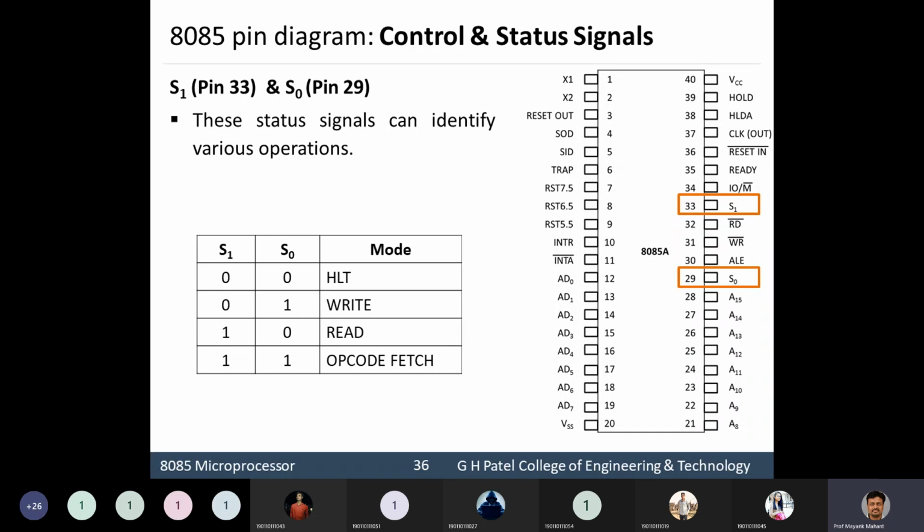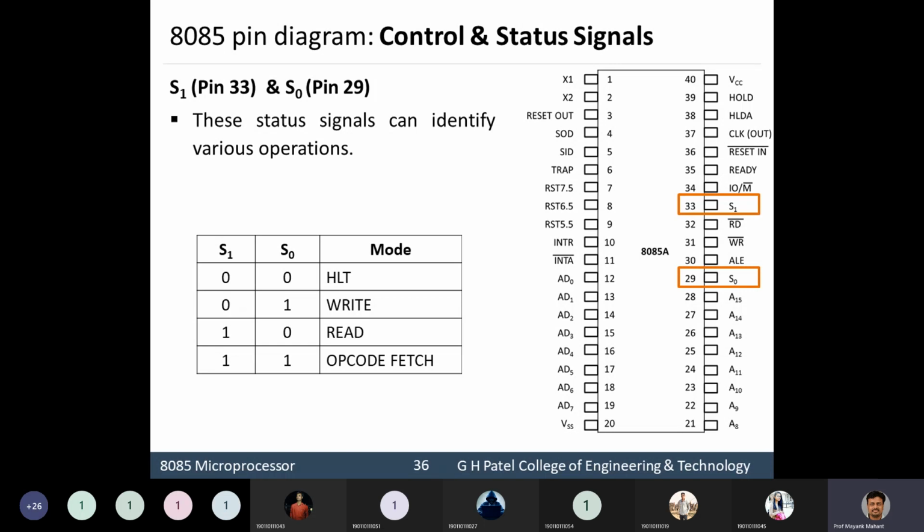For a simple example, whenever I write a program, at the end of the program I must write an instruction to tell the microprocessor that this is the end of the program. So there is always a halt instruction, HLT, always coming at the end of the program.